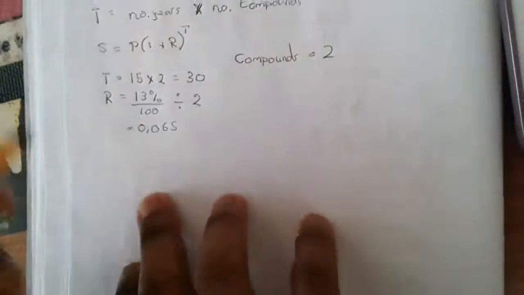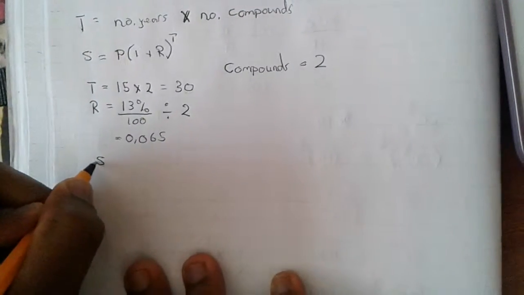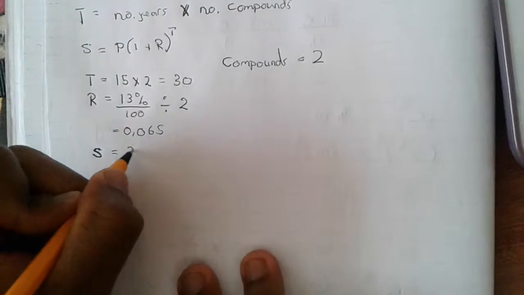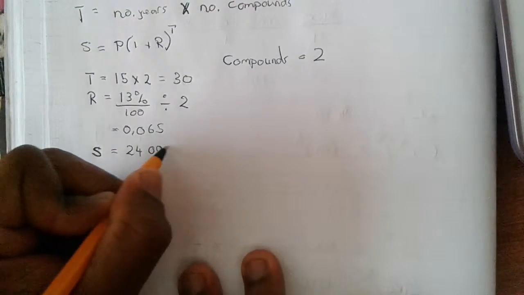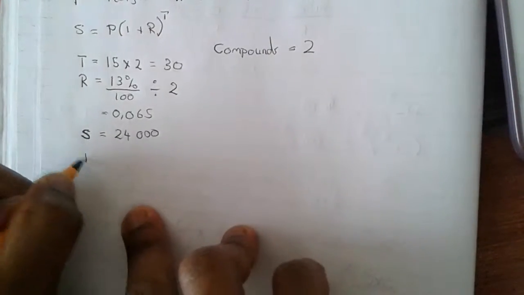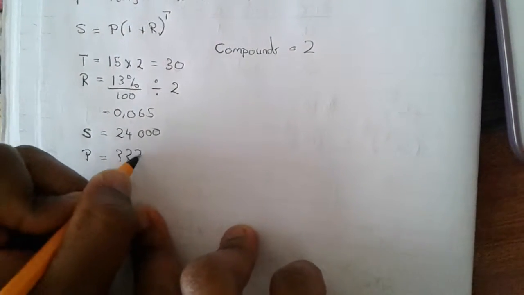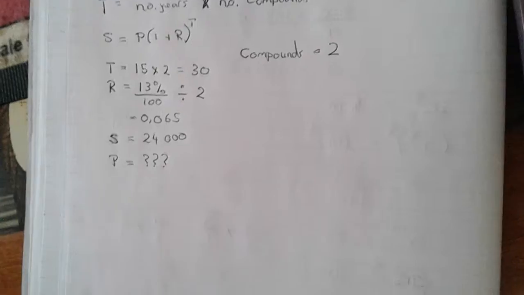What else do we have? We have S as our future value, which is 24,000, and then we are looking for the value of P, which is what we are going to calculate right about now.